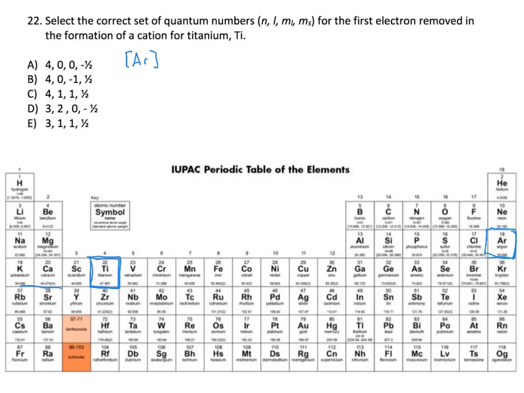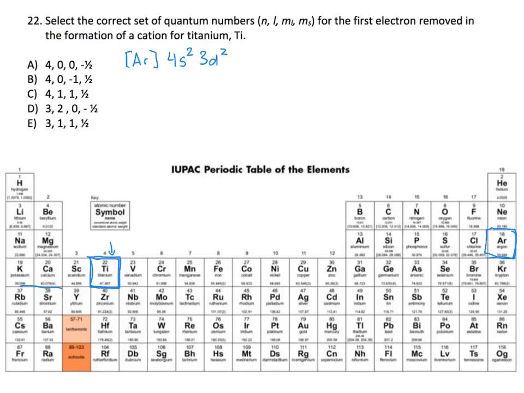We have these first 2 elements, potassium and calcium. Those outermost electrons are in the 4s, and there are 2 electrons there. Then we're into the 3d for scandium and titanium, and because we're 2 spots in, we have 2 electrons, so this is 3d2.